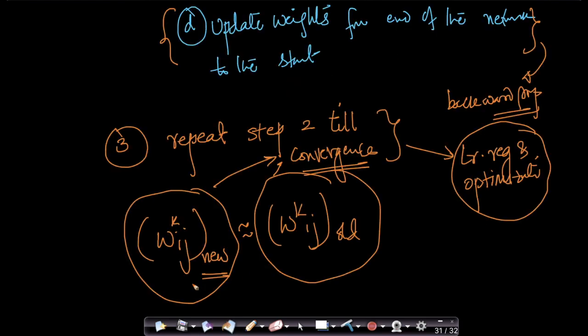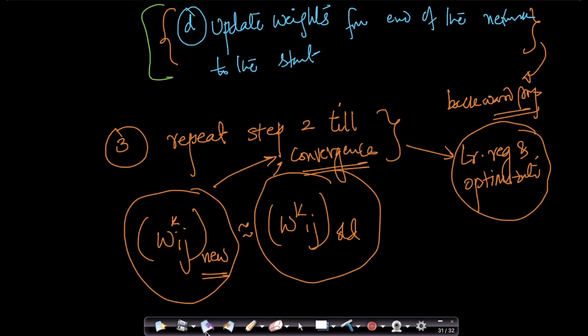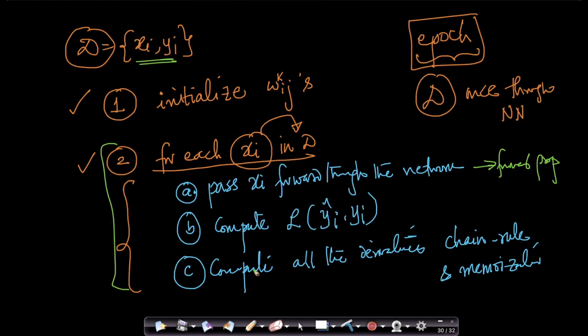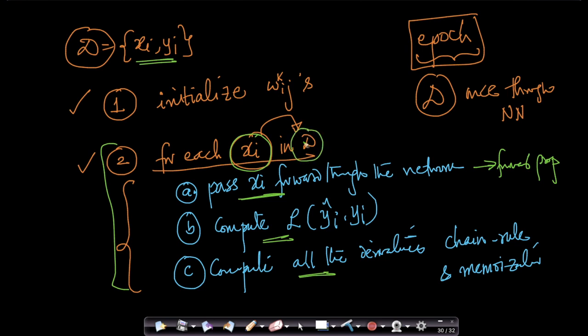For example, in this step 2 with a, b, c, and d, at the end of these steps you finished one epoch, because you're passing each of the points xi forward through the network, computing the loss, computing the derivatives, and updating the weights. That whole sequence, when you do it for all the points in the data set, is called an epoch.